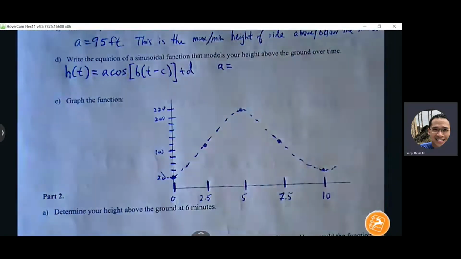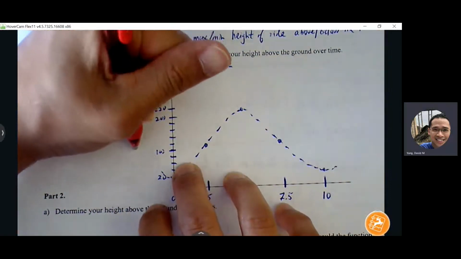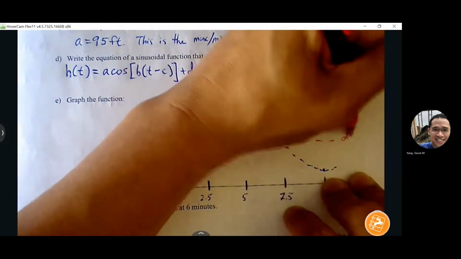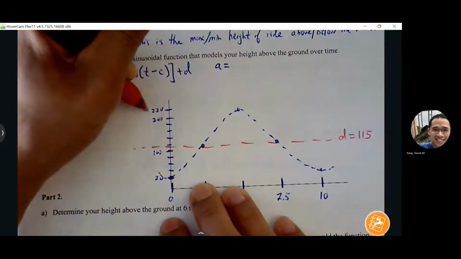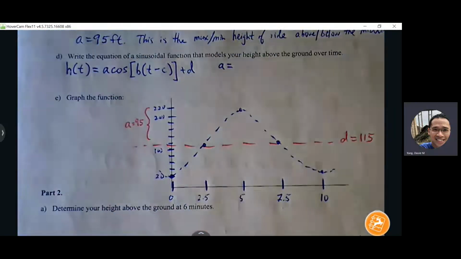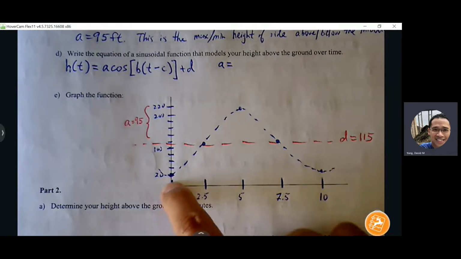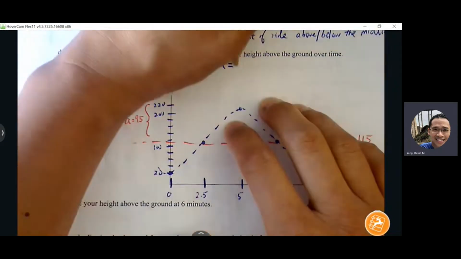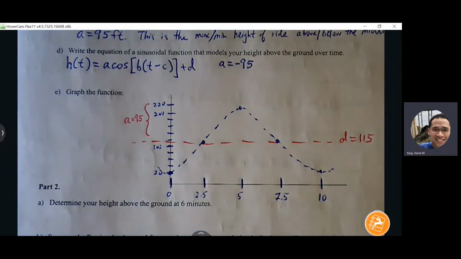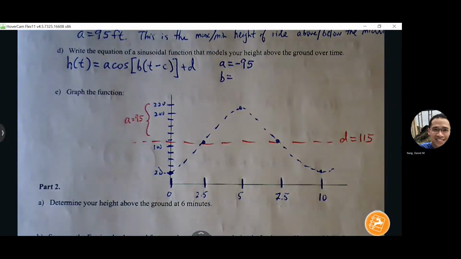All right, what's our A value? Good. All right, so I'm going to draw the midline here if it helps. So numerically it's 95, but we said that it's not quite the parent cosine function, it's a reflected one. So I'm going to make that adjustment, make it a negative 95, since it's not starting at the peak, it's starting at the lowest point. Okay. We found our B value, right? What's our B value? 5.